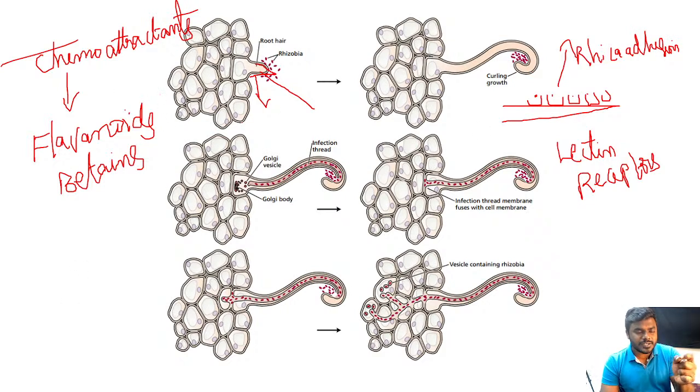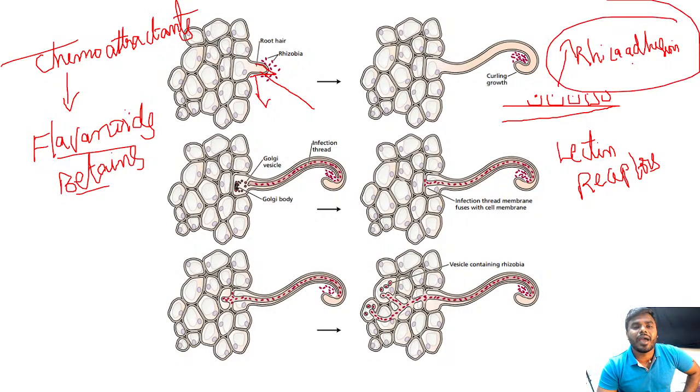First, the root hair releases the chemoattractants, for example flavonoids and betaines. Flavonoids and betaines enter into the soil and attract the bacteria. Now all the bacteria come closer to the root hair. They will come and attach to the lectin receptors present on the root hair. Attachment of the bacteria to the root hair, we call, my friends, Rica adhesion.